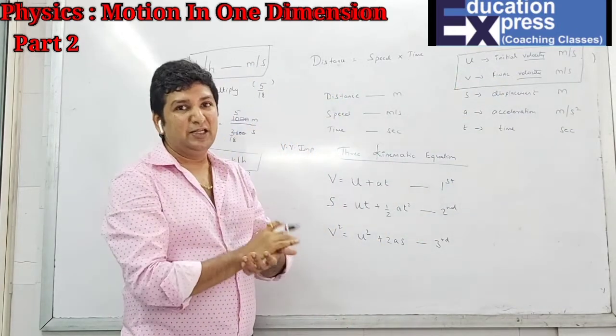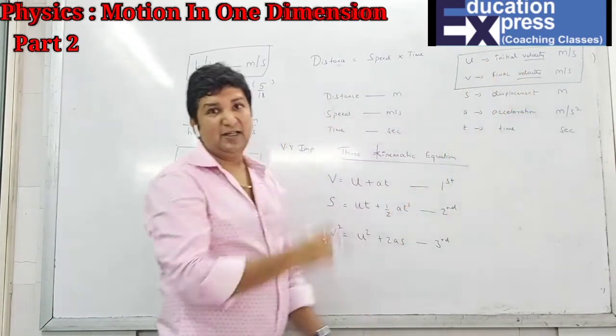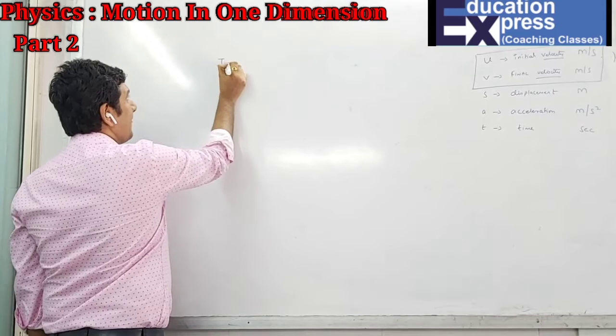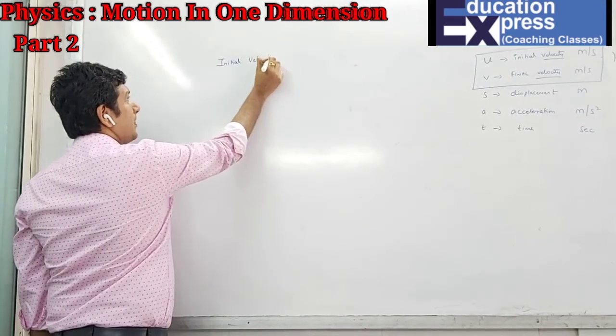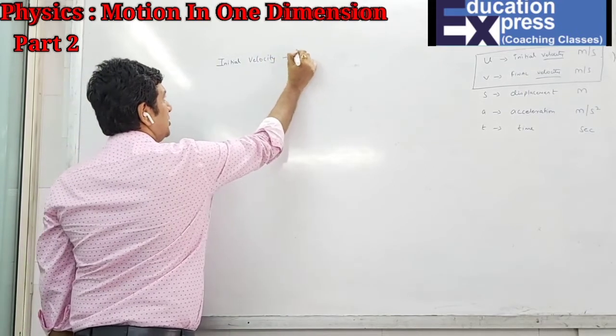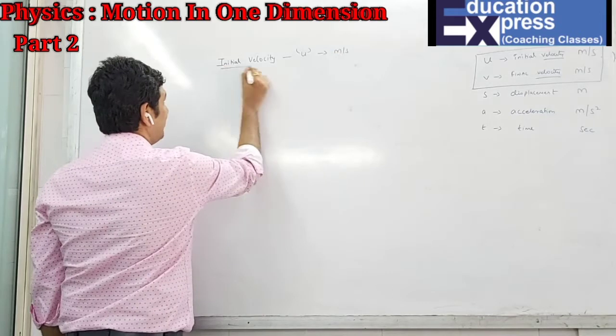So how will you distinguish whether it is the initial velocity or final velocity? So we'll study that. Initial velocity is denoted by letter U and the unit is meter per second.